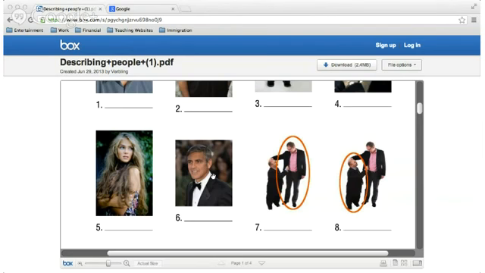Let's see. Also, we have the word hunk. That would be for a man. If you are a heterosexual man, you would probably just say handsome.